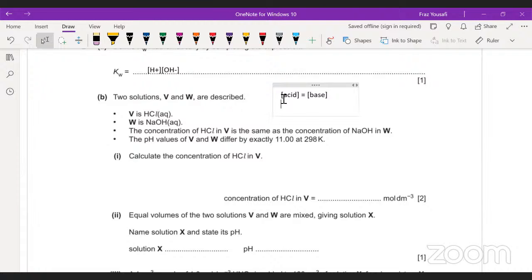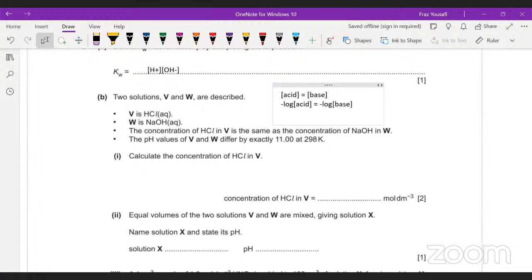Now, if I took the negative log of the acid concentration, and at the same time took the negative log of my base concentration, remember, the negative log of the acid concentration is my pH, and the negative log of my base concentration would become the pOH of my given solution.